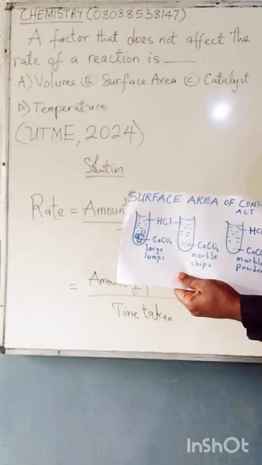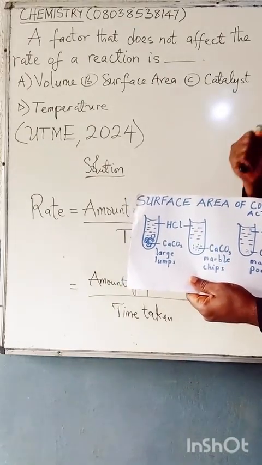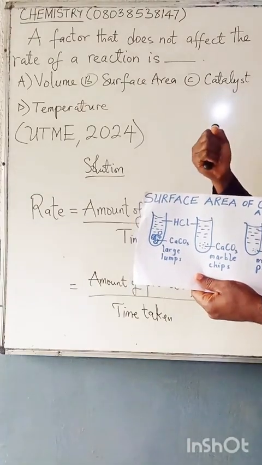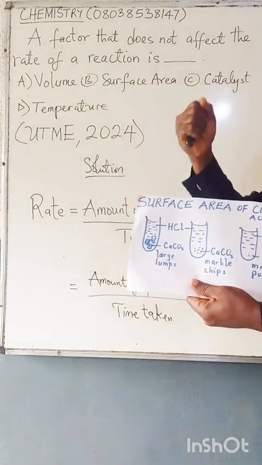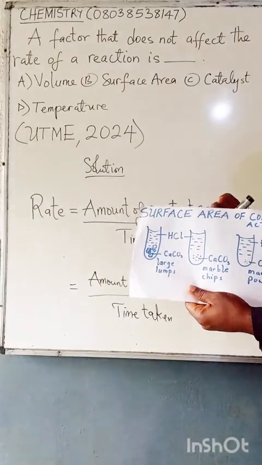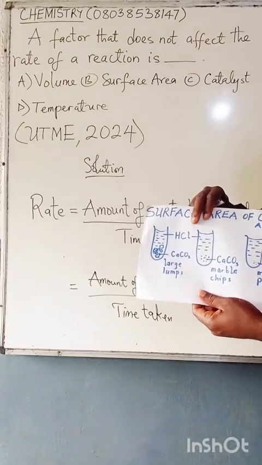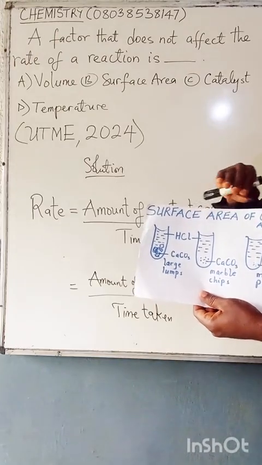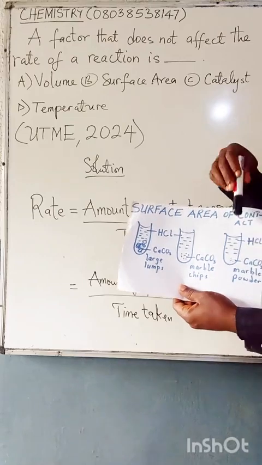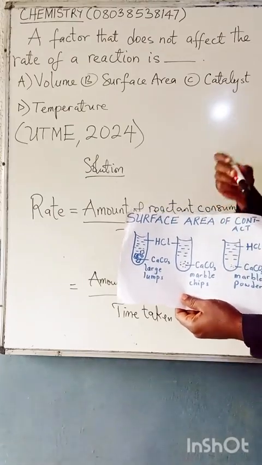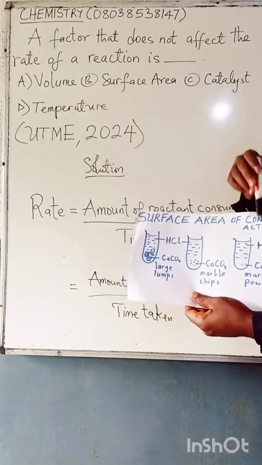Chips means they are flat, they are not in huge form, they are not like big stones. Do you understand? Do you remember talking about plantain chips? They are very flat. And then here, the calcium carbonate, that's marble, they are in powdered form.